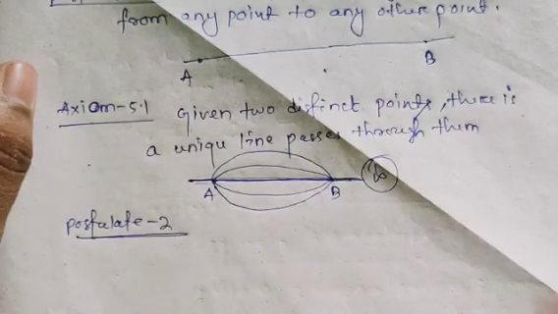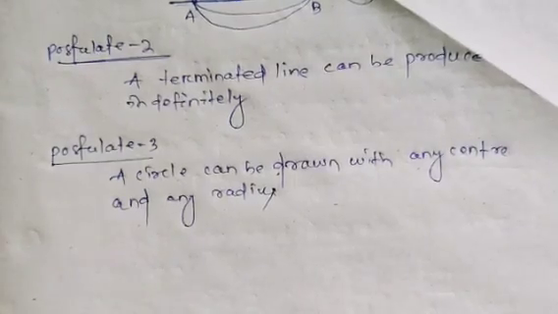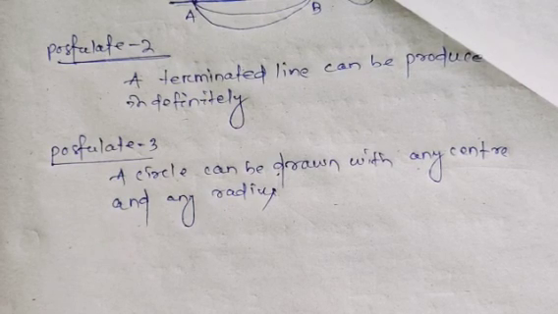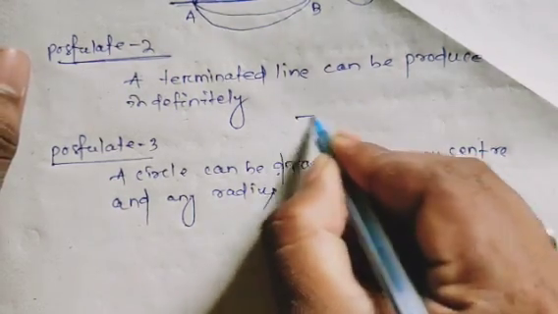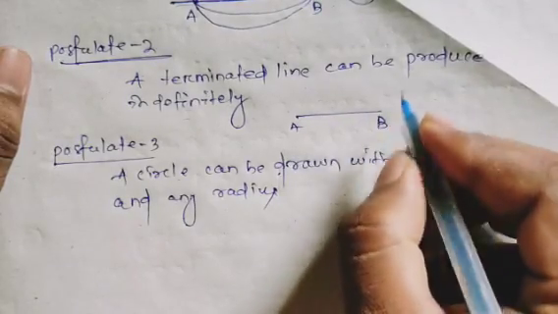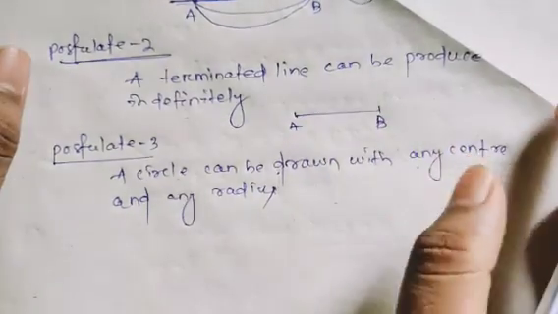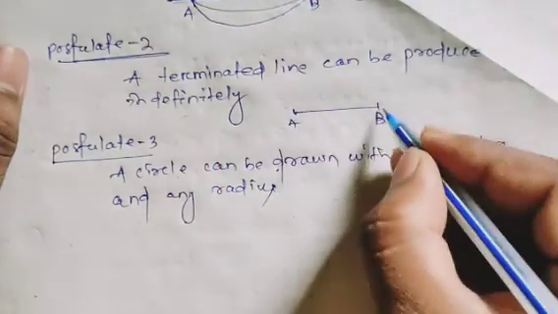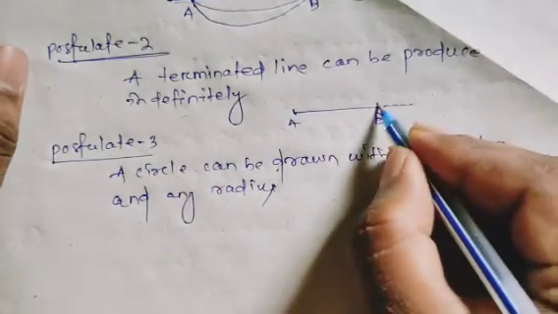2. What it states is that, in postulate 2, Euclid stated that a terminated line can be produced indefinitely. A terminated line is this. Let this be AB. This is a terminated line. Terminated means the end points are terminated. So it can be produced indefinitely.